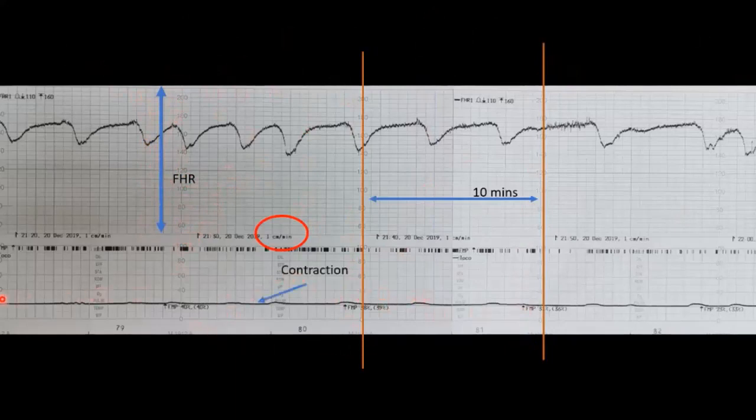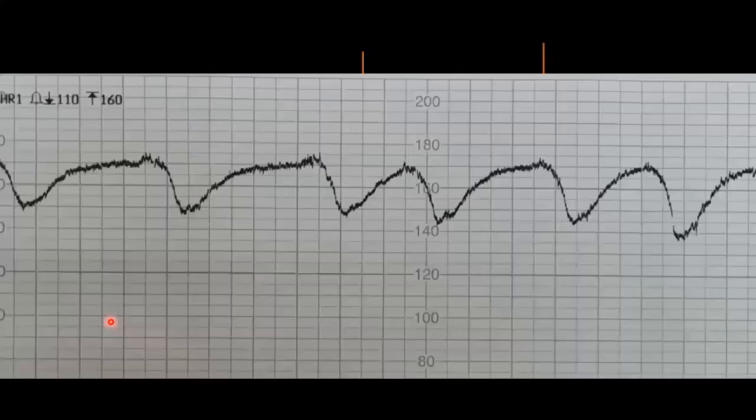And you also need to look at this part, which is the Toko activity, where you can see the contraction. And if you look here, so these small rows, you can see this is 100, this is 110, this is 120, and each of these two rows is actually 10 beats per minute, and one is 5 beats per minute. So this is how you're supposed to count and how you're supposed to calculate and interpret your CTG.